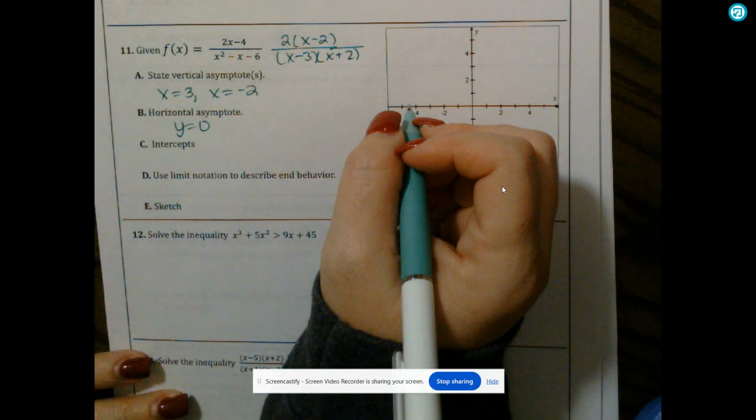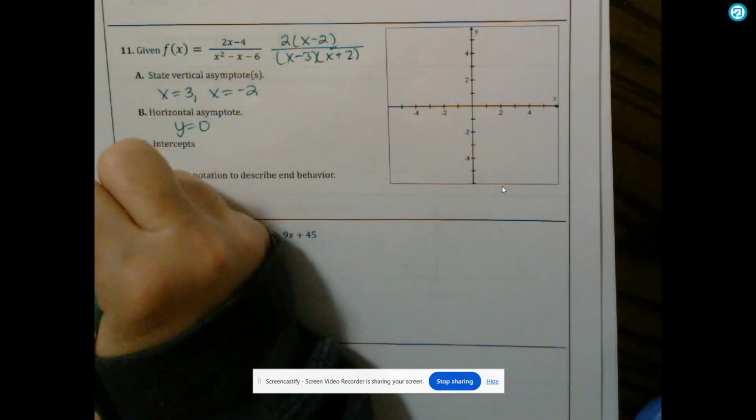I have an x-intercept where the top equals 0, so that's going to be at (2, 0). And I have a y-intercept.